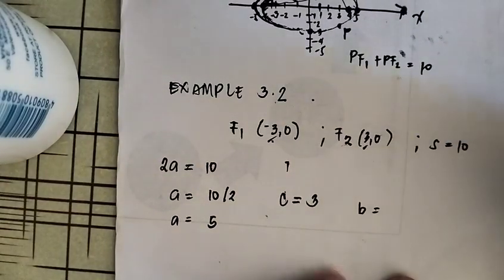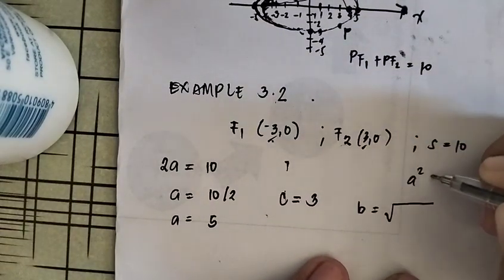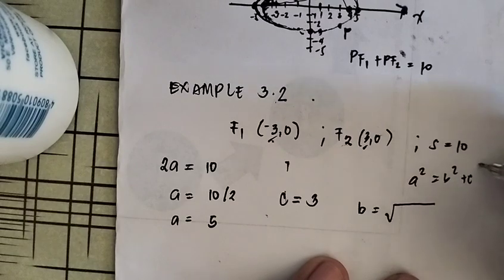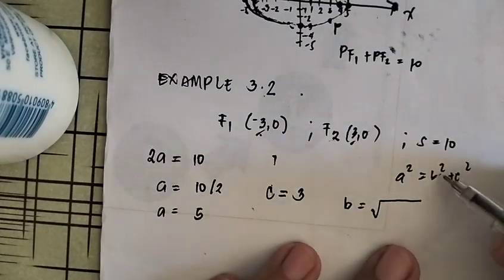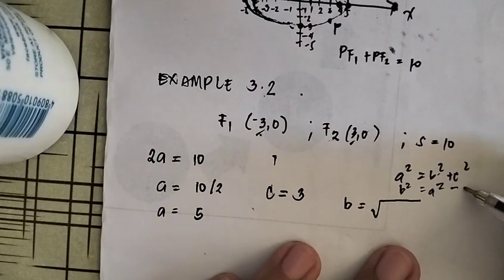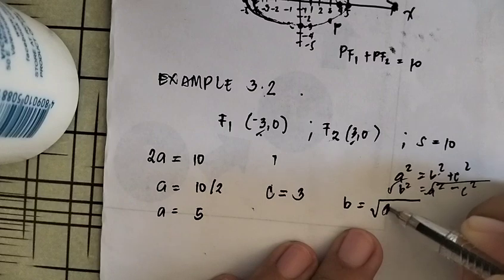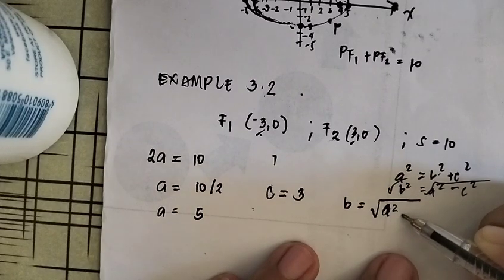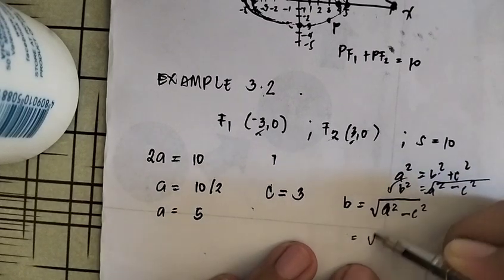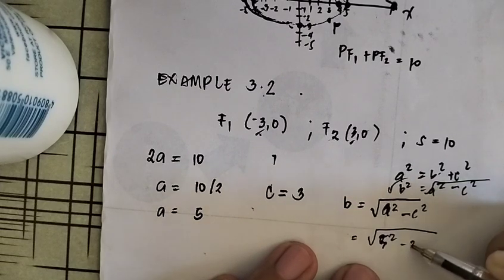Si b, di ba, a squared equal to b squared plus c squared. So, b squared equals a squared minus c squared, so b is square root of a squared minus c squared. So, 5 squared minus 3 squared.